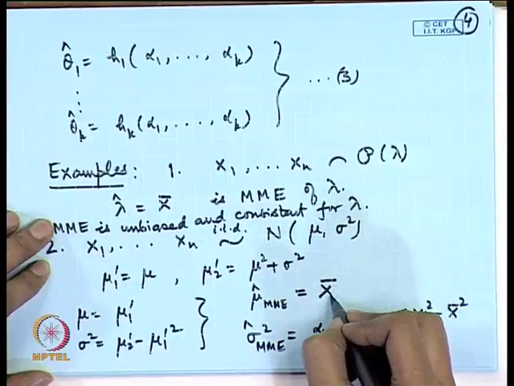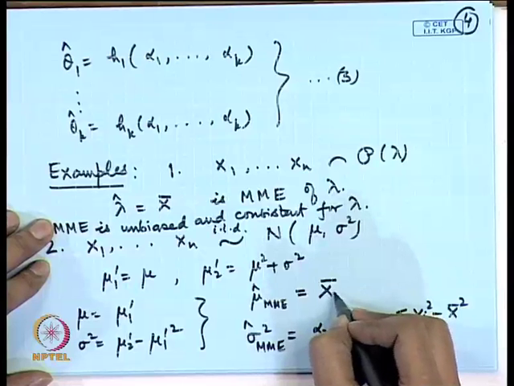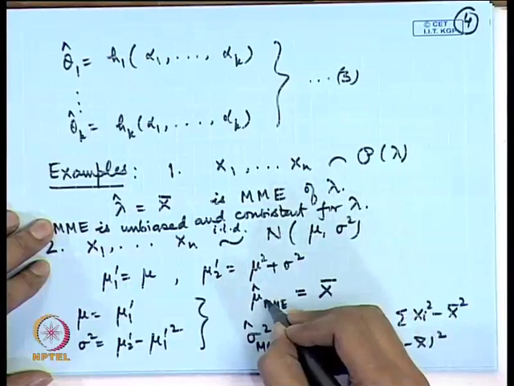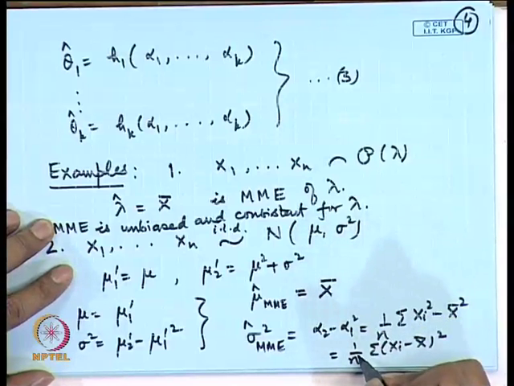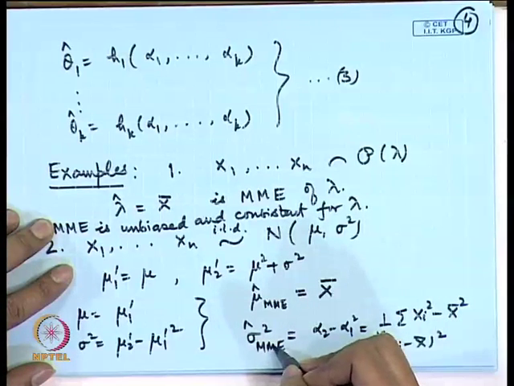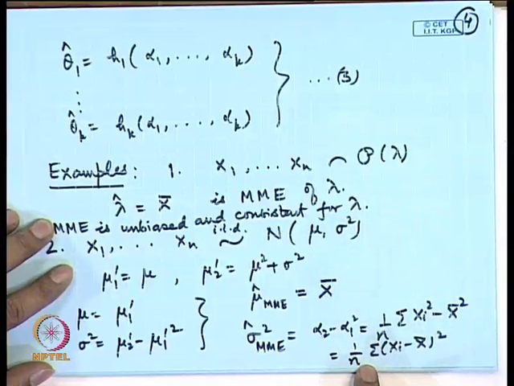Let us take up the second one, the normal distribution example. Here x bar is unbiased for mu and also it is consistent. However, if we look at the estimator for sigma square, you can notice that it is not unbiased. However, it will remain consistent because it is actually n minus 1 by n times s square.